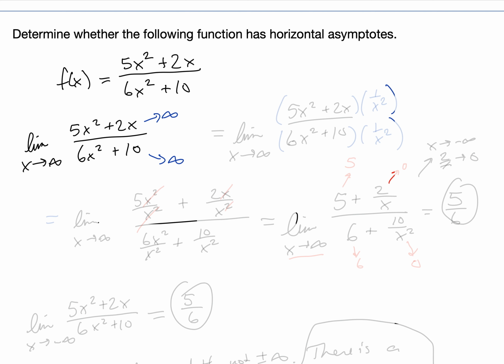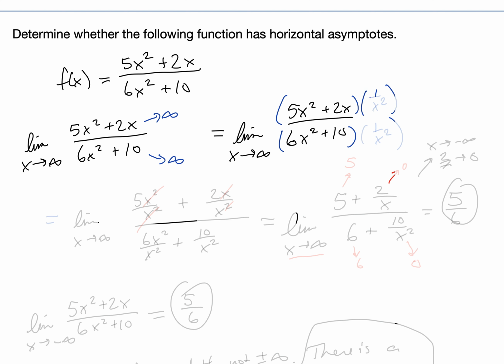So what we're going to do instead is multiply both the numerator and the denominator by 1 over the highest power of x. So this is the limit as x goes towards infinity of 5x squared plus 2x divided by 6x squared plus 10. And we're going to multiply the numerator and the denominator by the same thing, by the highest power of x in the denominator.